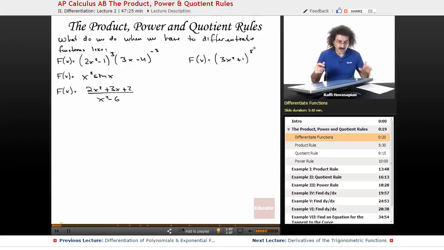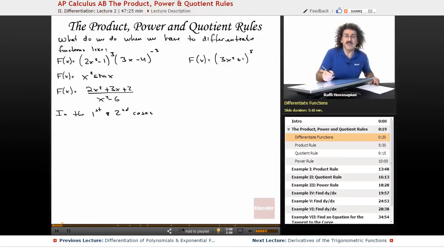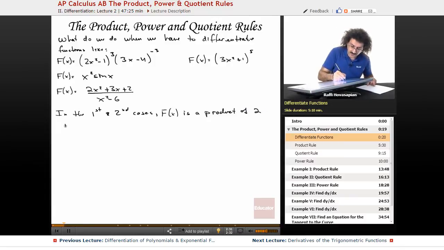Now, in the first and second cases, in other words, this one and this one, our function f of x is actually a product of two independent functions of x.